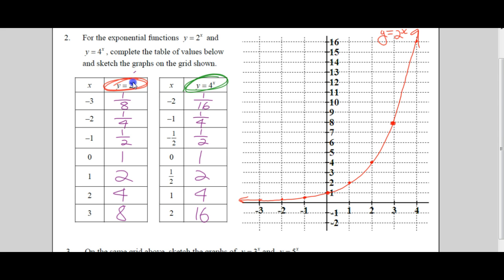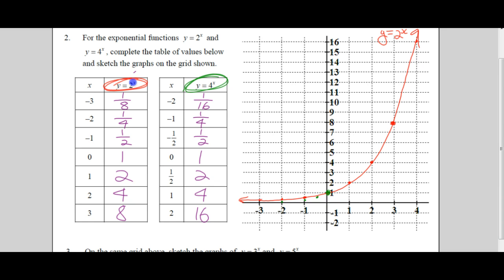Let's do 4 to the x. So negative 2 is 1/16. That's going to be like a lot lower. Negative 1 was 1/4. That's like about there. And negative 1/2 was 1/2. So that's going to be about there. 0 is 1.